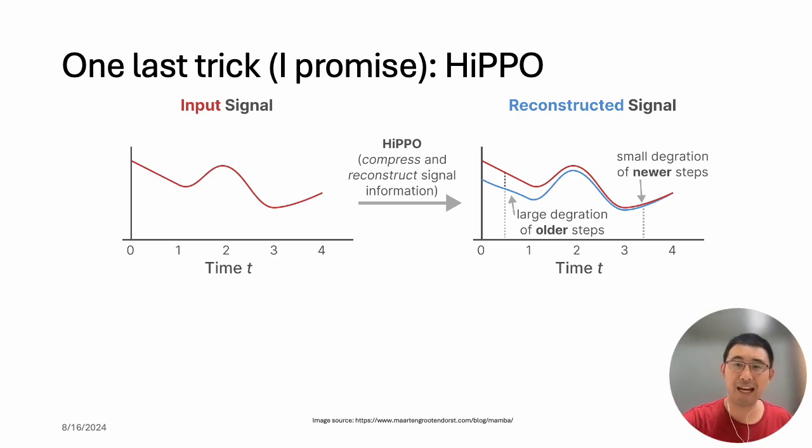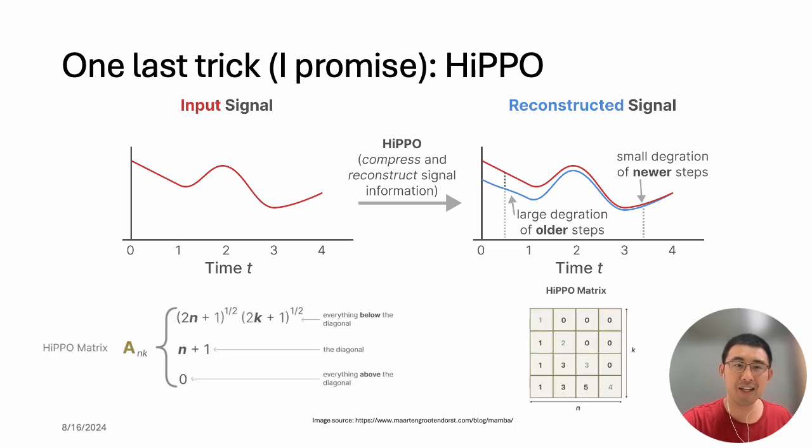How they did it is they initialize the A matrices using HiPPO. They choose the values in the A matrix as Legendre polynomial coefficients. Legendre polynomials are orthogonal polynomial bases, orthogonal only within the bi-unit domain, negative 1 to positive 1. They use a similar idea, and by initializing the A matrices using HiPPO, they can make the model performance much better.